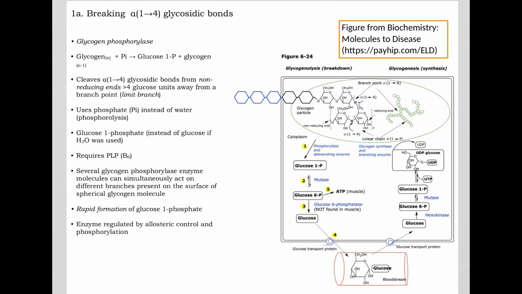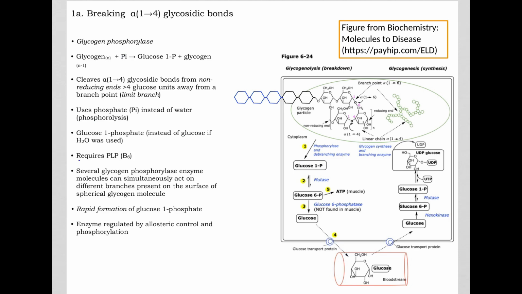As we mentioned earlier, the enzyme uses phosphate and not water to break down the glycogen. So that's why we call this phosphorolysis instead of hydrolysis. If it used water, then you would get glucose instead of glucose 1-phosphate.